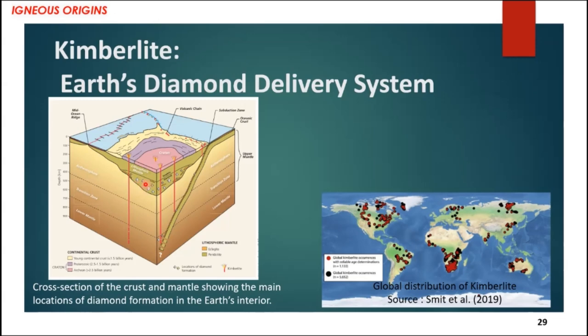If a particular area of the mantle can fulfill those factors, diamond can crystallize. But this diamond can reach the Earth's surface through this particular igneous rock, kimberlite.